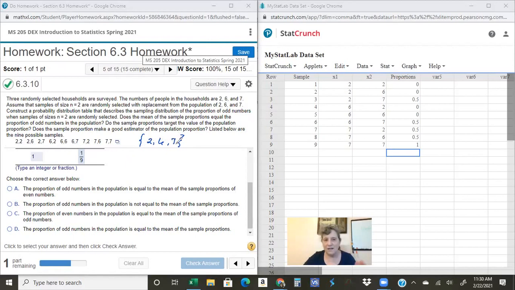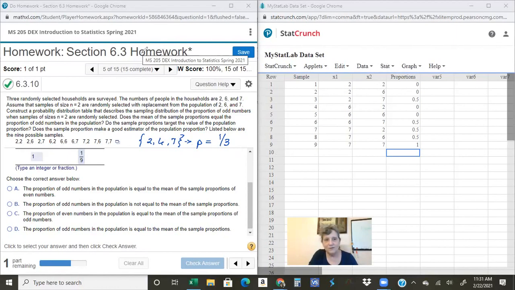So the proportion of the odd numbers here is 1 out of 3. The mean of the sample proportions, let me get StatCrunch to do that for me.